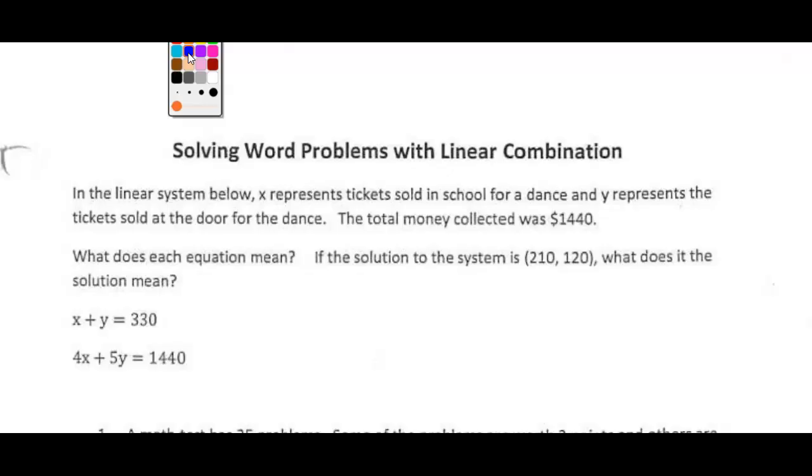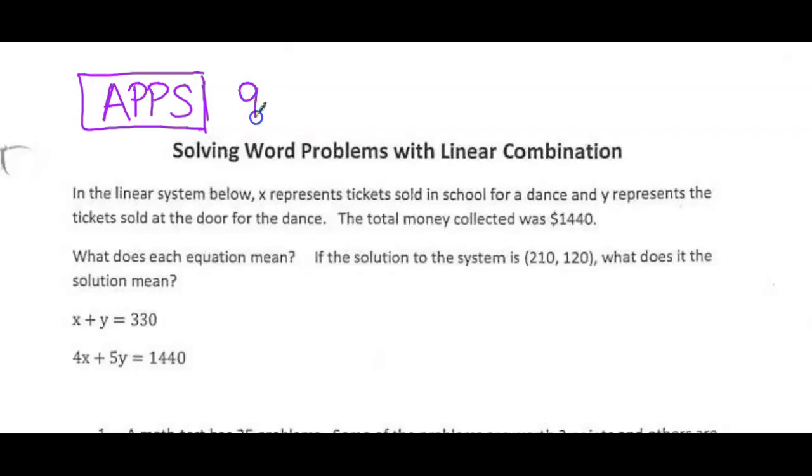Before we start, let's go over how to use the calculator to solve systems, because now I'm permitting you to use it. So yesterday you learned the first thing that you need to do is press the purple apps button. After you press the purple apps button, you're going to go to number 9.